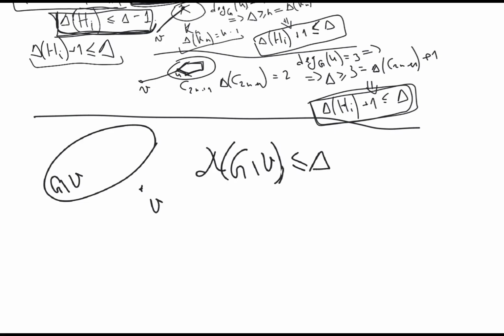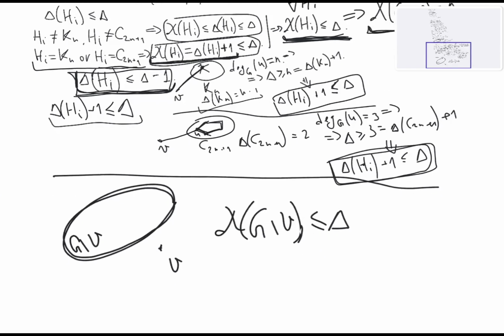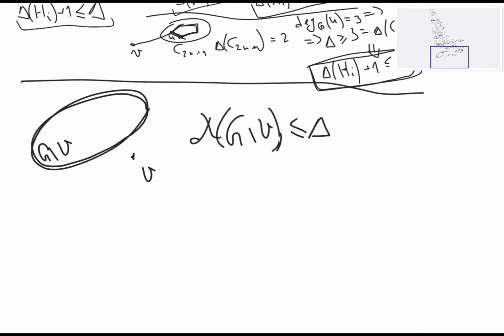So again, we cannot obtain this directly from the inductive hypothesis for g minus v, because it might not be connected. So we need to consider all connected components and all this argument, the special cases for complete graph and odd cycle. But in total, we get the result as if we applied the inductive hypothesis to the whole graph.